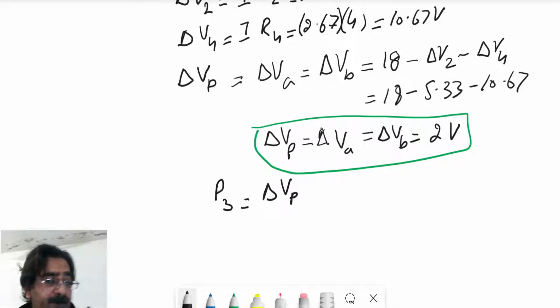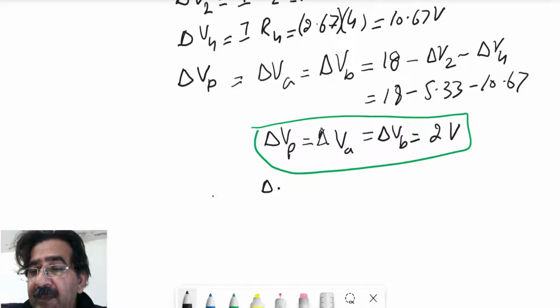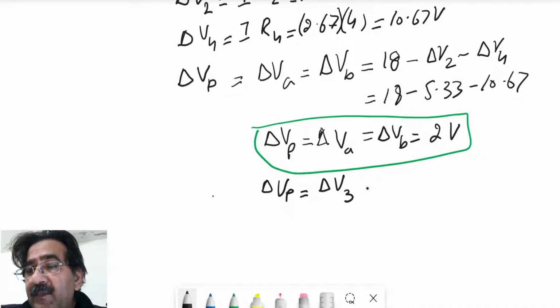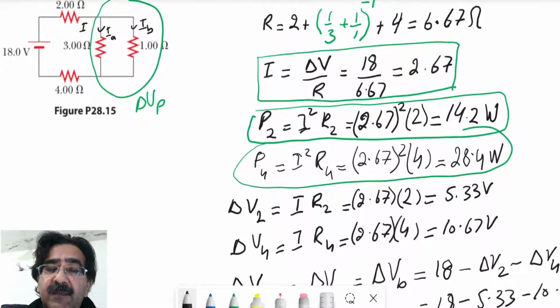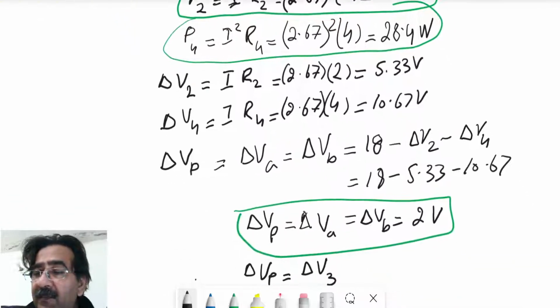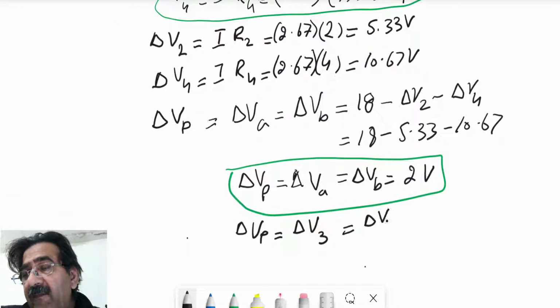Delta Vp is the voltage drop across A, which is 3 ohm, and B, which is 1 ohm.